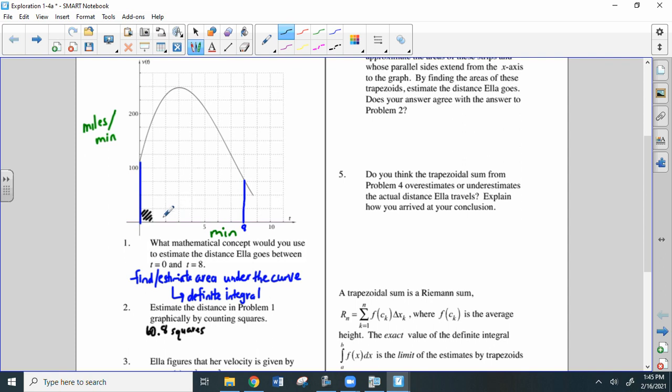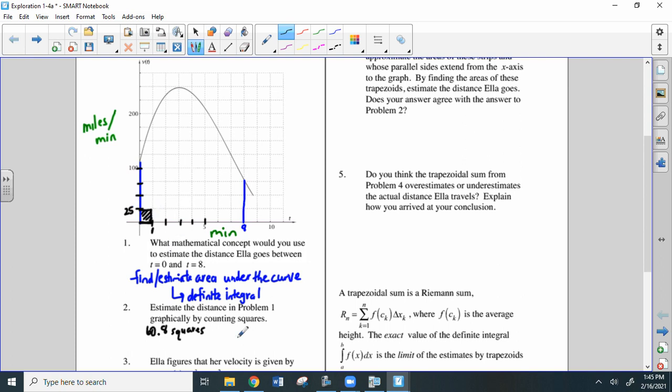Well, let's see. The time unit, you can tell, is broken up. If this is 5, then this is 1. So the time unit is 1 unit wide. But then how tall is each block? If I count up 4 places and get to 100, then 1 block must be 25. So the area of 1 block is literally 25 miles per minute times 1 minute.